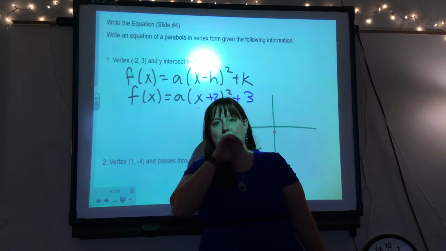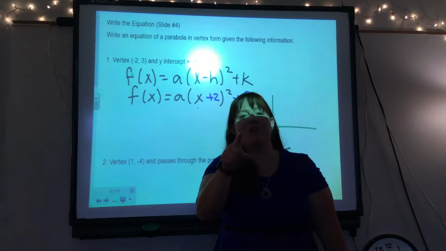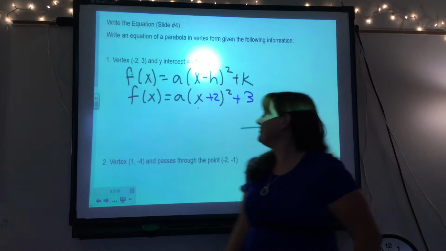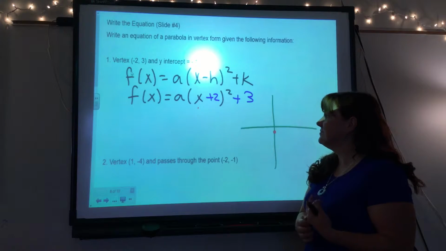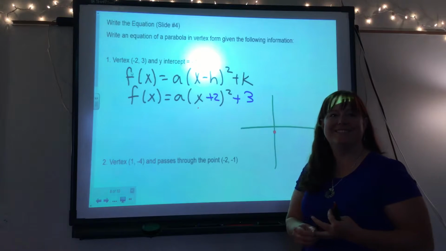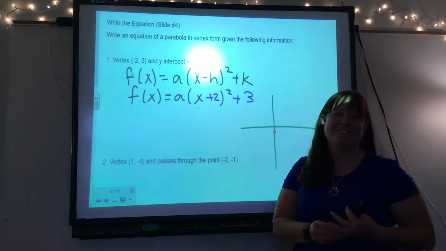So it only stays negative 1 then? But it doesn't always work that way with the y-intercept. Because if you do 0 plus 2, that's 2, and 2 squared is 4, and then you have to get negative 4, because it's plus 3, it's negative 1.